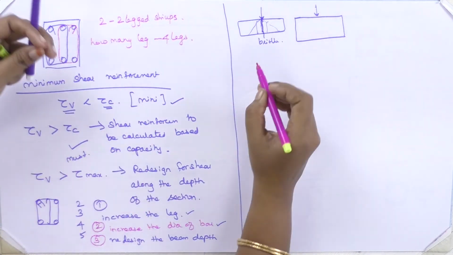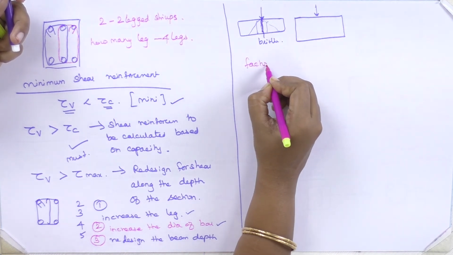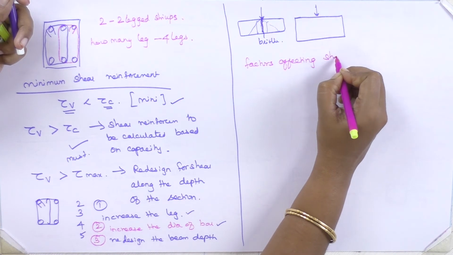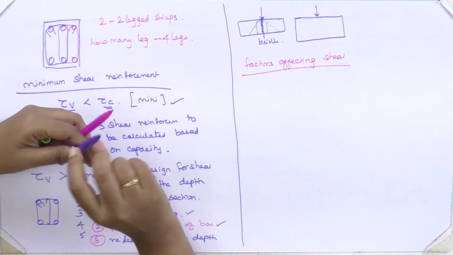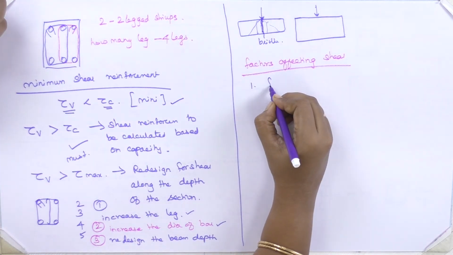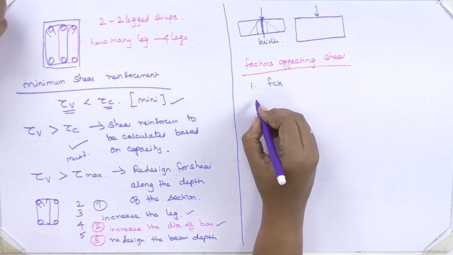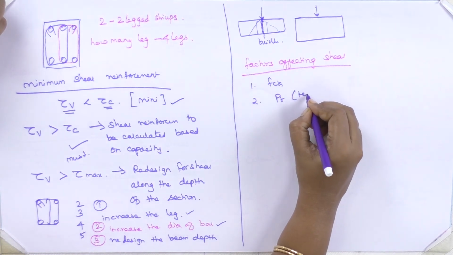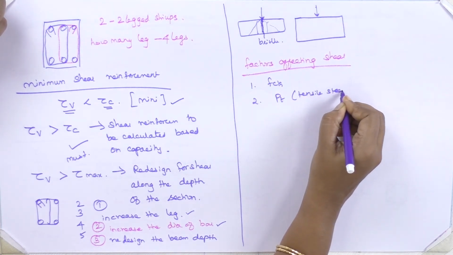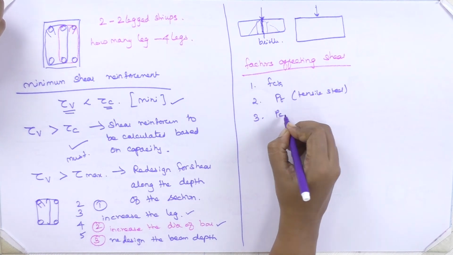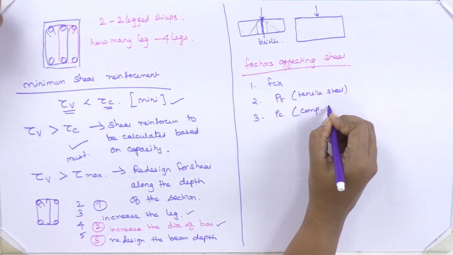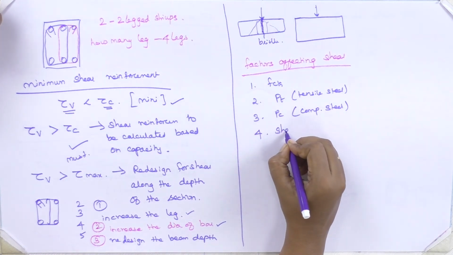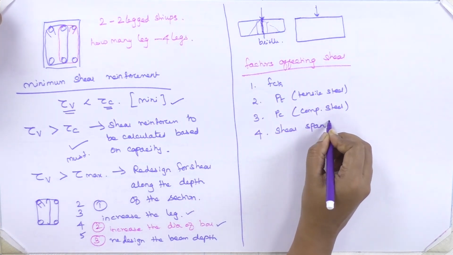Okay. Then factors affecting shear. The main factor is fck, that is your grade of concrete, then pt, percentage of tensile steel, third one pc, compression steel, then fourth one shear span.